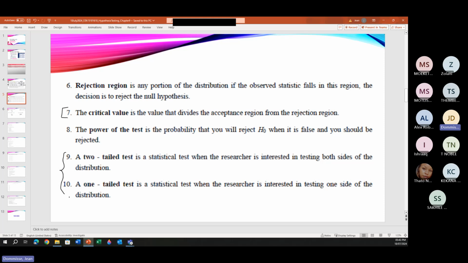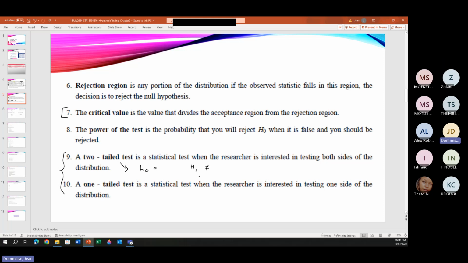There's only one place where it is a two tail, and that is when your null hypothesis is equal to, and your alternative hypothesis is not equal to. So that is the only example of when we deal with a two tail: when your alternative hypothesis is not equal to.